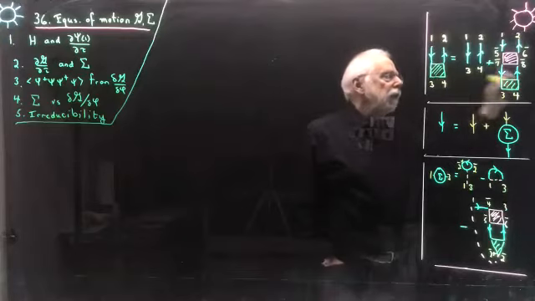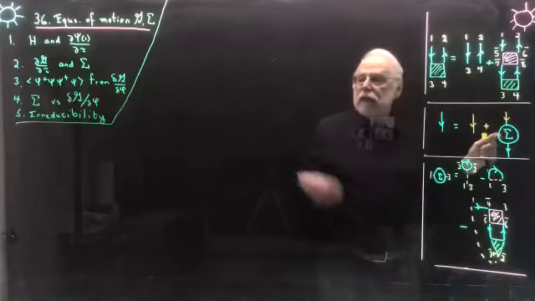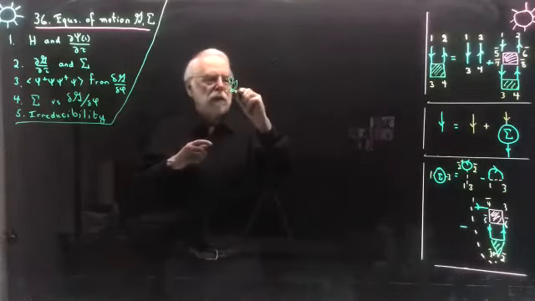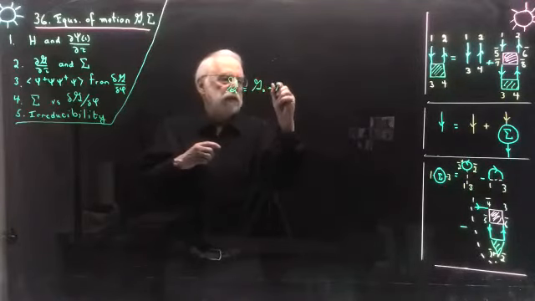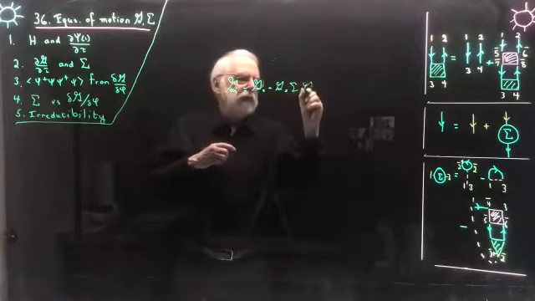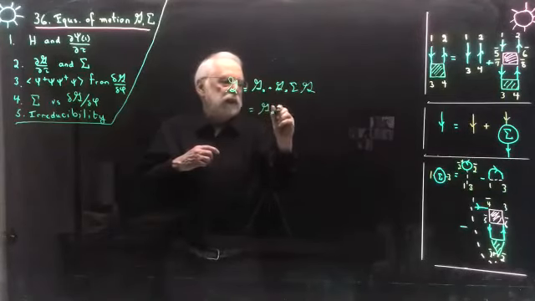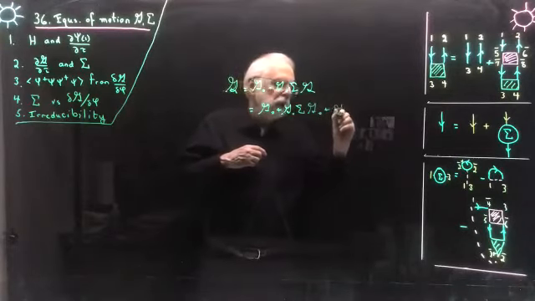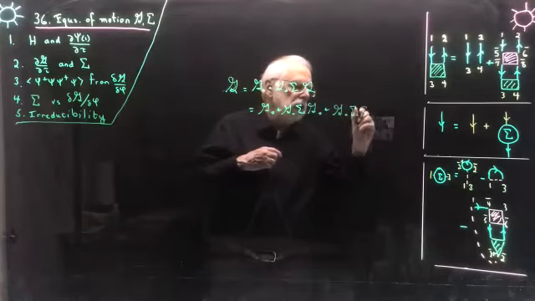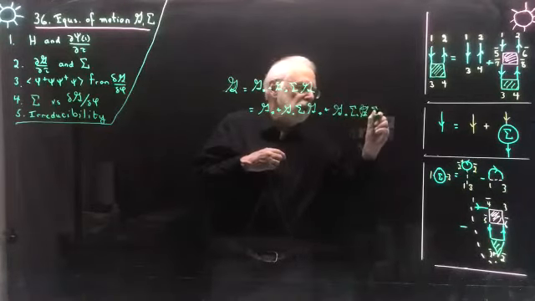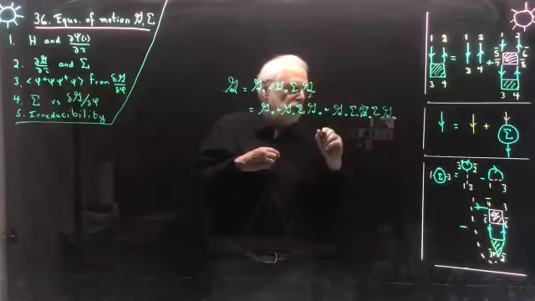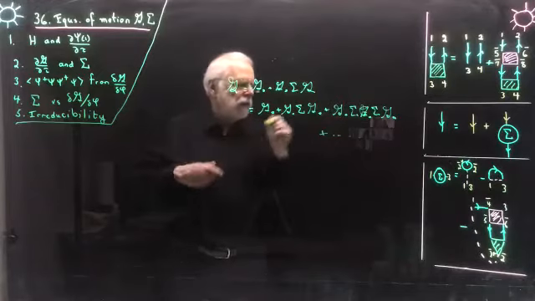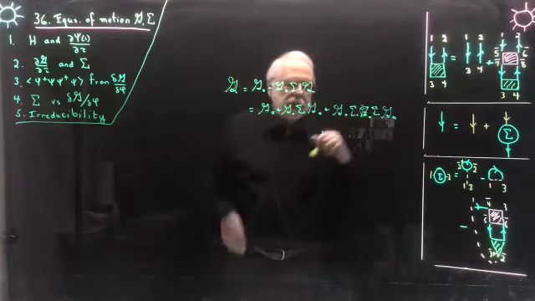So if I iterate this equation, the same way as G equals G0 plus G0 sigma G, I can iterate. So it's G0 plus G0 sigma G0 plus G0 sigma G0 sigma G0 plus, etc. So I can hit this sigma many times.